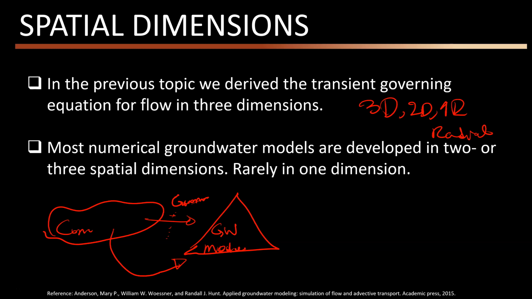But usually, specifically during the last years in which groundwater models have been developed significantly, groundwater modelers create 3D or 2D groundwater models. 1D models are something that we sometimes use, and we talked about this.